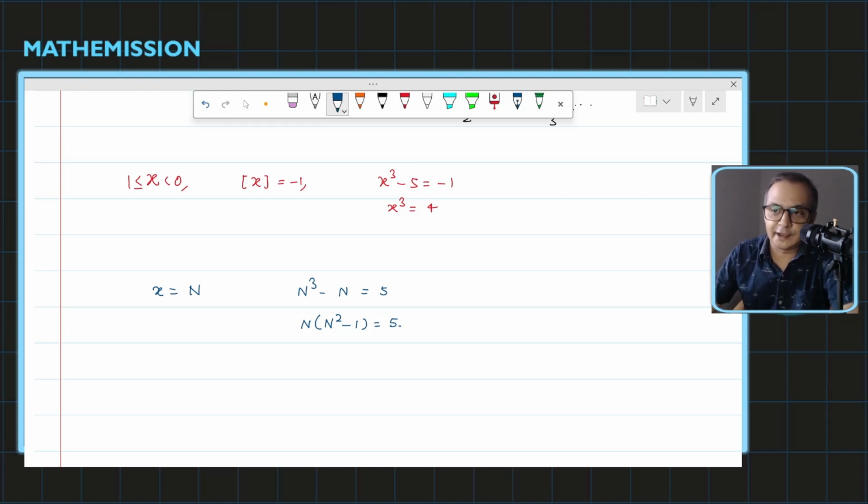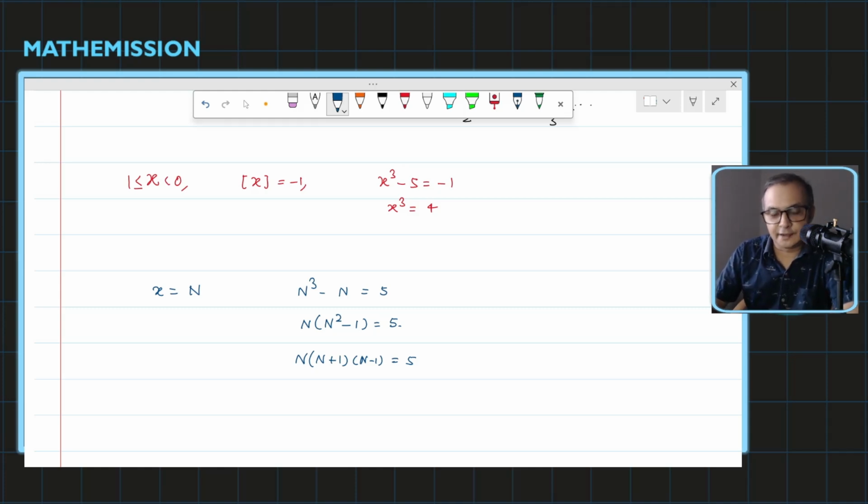So can you tell any number of such a structure to get 5? Let's go deeper: n plus 1, n, and n minus 1. If you do it this way, you can think of them as 3 consecutive numbers. Now tell me, by any chance can 3 consecutive numbers give you 5? Not an integer, it's 5.